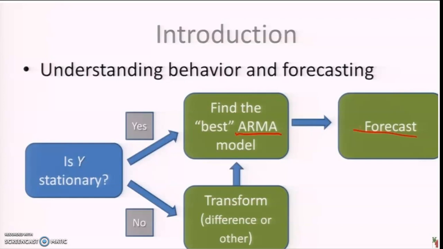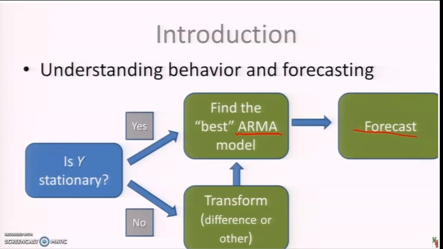Now the question is how to understand the behavior and forecasting of a time series. So regarding this question, the first question which may be asked is whether a y series is stationary or not. If it is stationary, then we may use alternative models, and we may choose the best ARMA model, that is autoregressive moving average model.